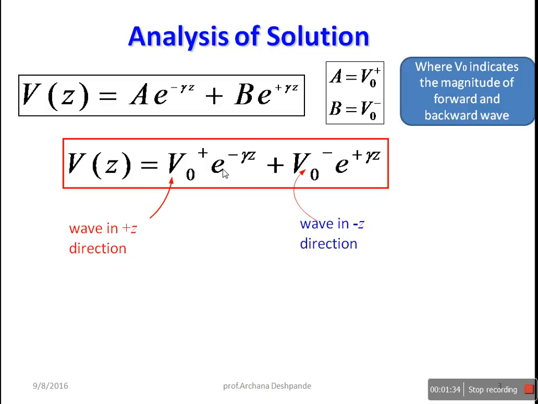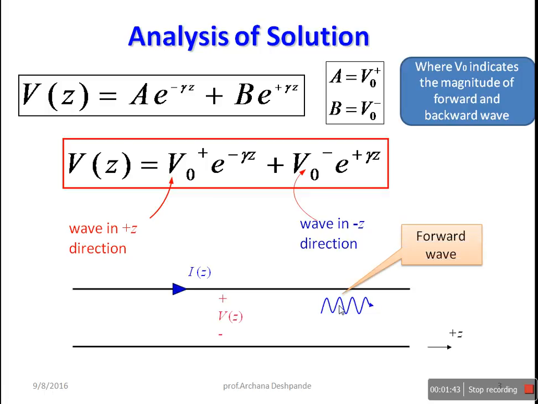One is the equation of voltage for the forward wave, and the second is the equation of voltage for the backward wave, which is shown in the diagram. So this is my forward wave going in the positive direction of the Z axis, and a backward wave going along the negative Z direction.